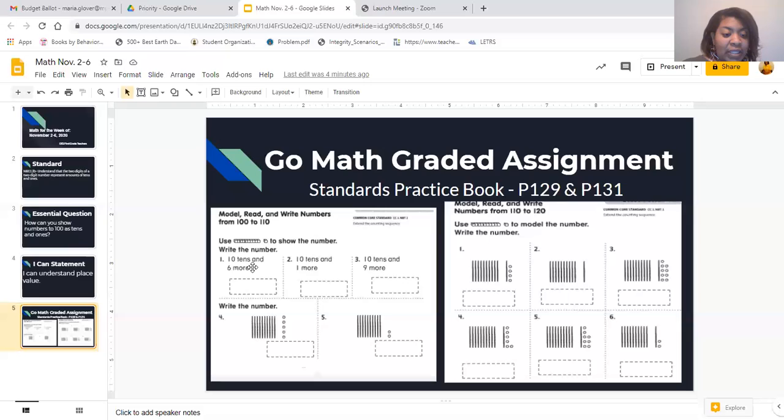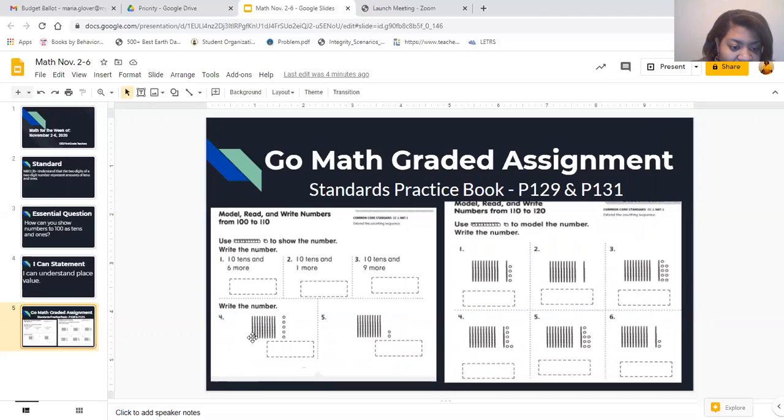Or you can simply work this problem in your standards practice book, and you can draw out the 10 tens, which would be the 10 lines and the 6 circles. If you count by tens, you get 100. And if you count on by ones, you'll get 106. Sort of like what is here for number 4 and 5. So let's look.